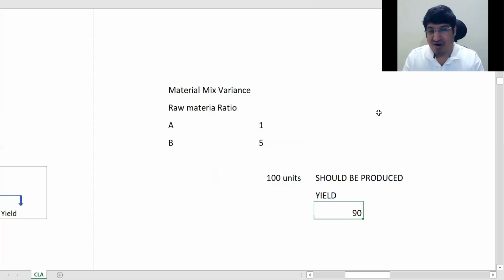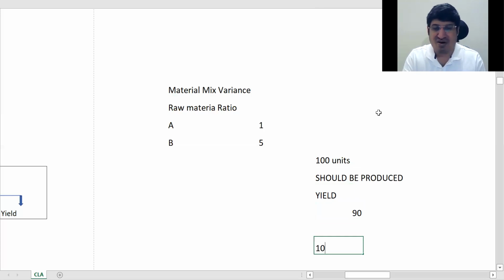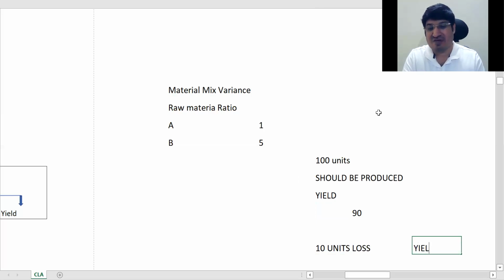So in the market, you have lost the price of 10, right? Although you have put in the same raw material, less has been produced because you have not produced it properly, or more has evaporated or whatever. Now we have got only 90. The price which you should have got for 100 units, we are now getting only for 90. So the price of 10 units is a loss. Correct. So this is called yield variance.